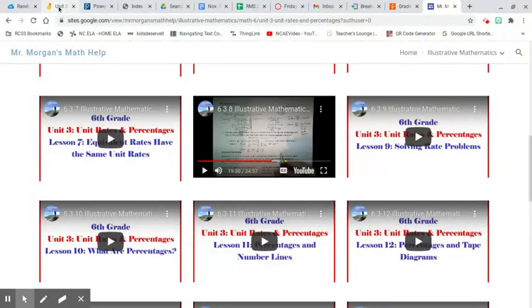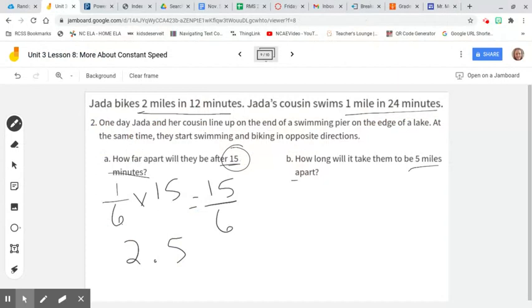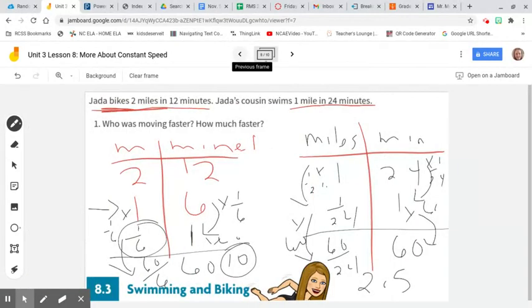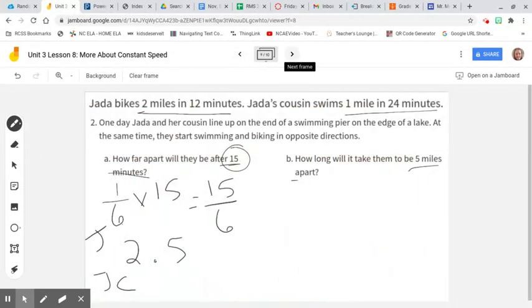Okay. So what he has done here is he has also figured out Jada's cousin. So this is Jada, and now we need Jada's cousin. Okay. So Jada's cousin was 1/24 in 1 minute. So that's 1/24 times 15, which equals 15 divided by 24.